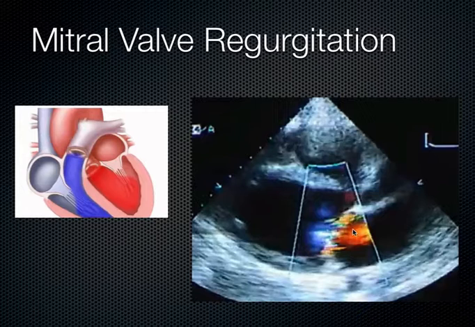In other words, this is the parasternal long axis of the heart. Here's the left atrium, mitral valve, left ventricle, aortic outflow tract, right ventricle. The mitral valve is exactly 90 degrees. It's perpendicular to where the probe is, and the flow is moving at a 90-degree angle. So this is the incorrect way to try to assess the mitral valve when using color.